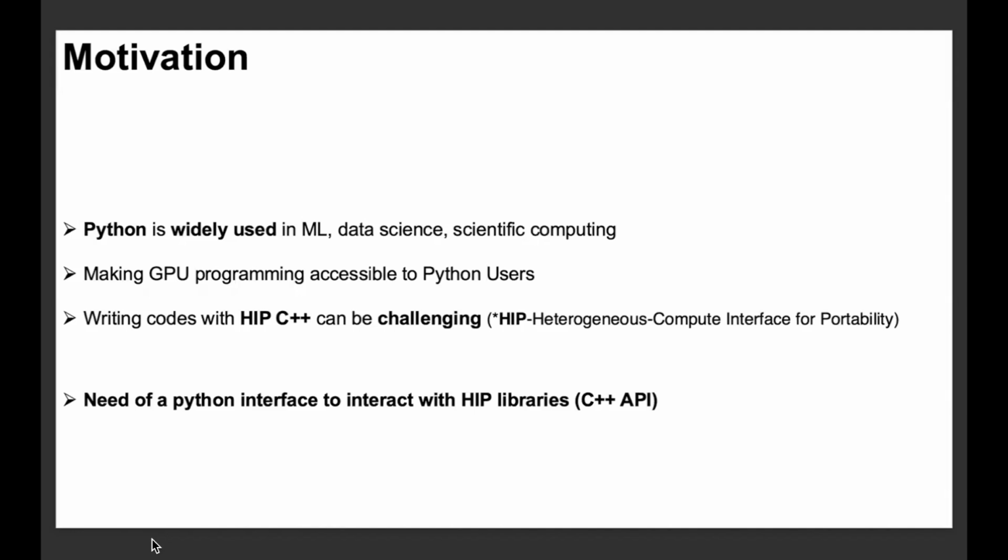This is very important, in particular for those who are not familiar with C, C++. It can be a bit challenging to write code with HIP C++. So having a Python interface from which you can interact directly with the HIP libraries that are written in C++ is really very important. So that's why I think HIP Python comes in this direction.